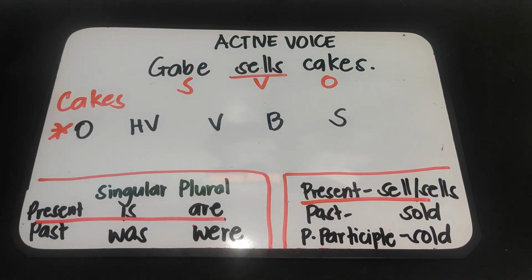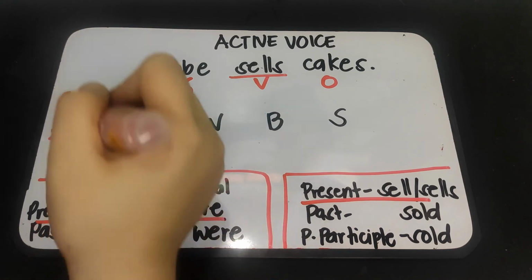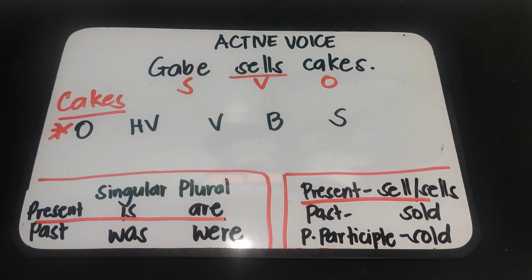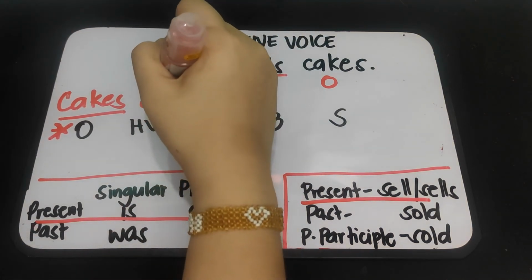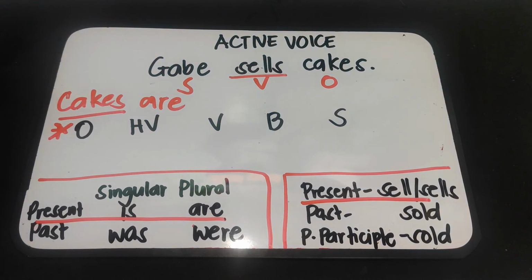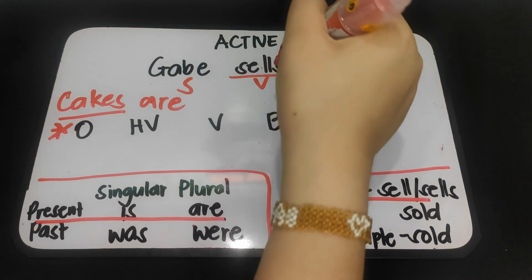Now let us look at our first word, cakes. Is it only one or many? Is it singular or plural? The answer is plural. Therefore, we are going to use the helping verb are. Now we need the past participle of the verb, which is sold.